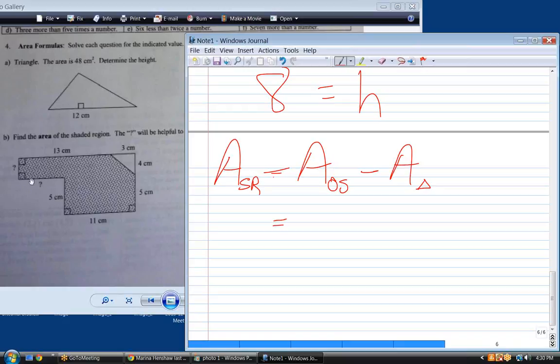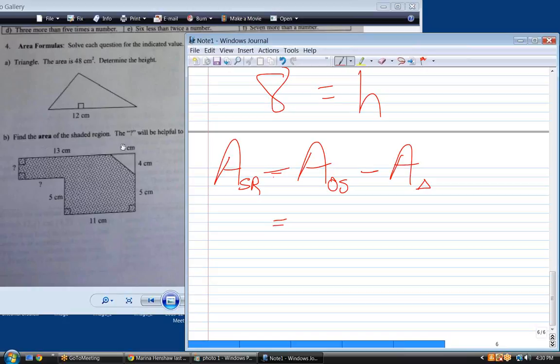Yeah. How far is that? 2 centimeters. Okay, notice this 13 is just from here to here. So what's this total top? 5 centimeters. This is 5 here.